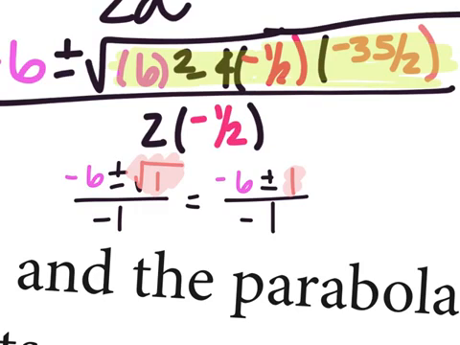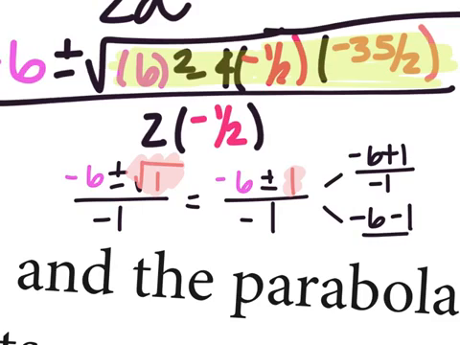Now, because it's all numbers, I can actually write this as 2 things. The first one would be negative 6 plus 1 divided by negative 1. And I can also write it as negative 6 minus 1 divided by negative 1. So I can work this out into really 2 separate problems. And then I just need to do some math.